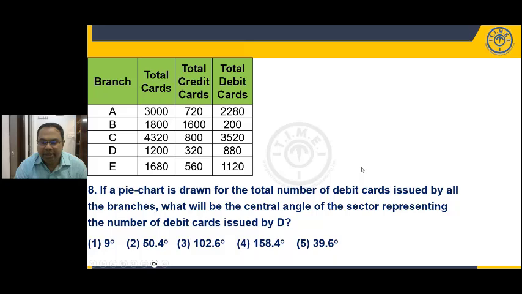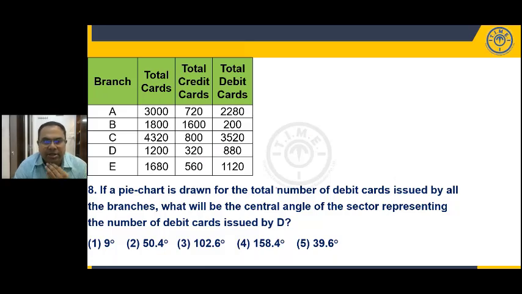Very good. Surya, correct answer. I'm not revealing the answer. I'm waiting for others. Okay, time up. We'll discuss more. Sampath, correct answer. Right.